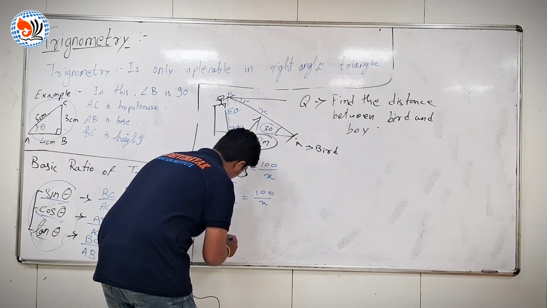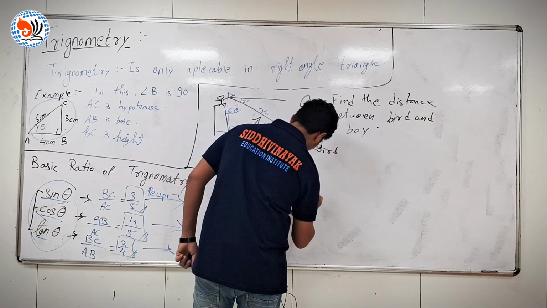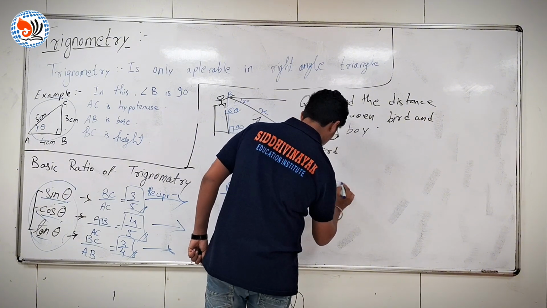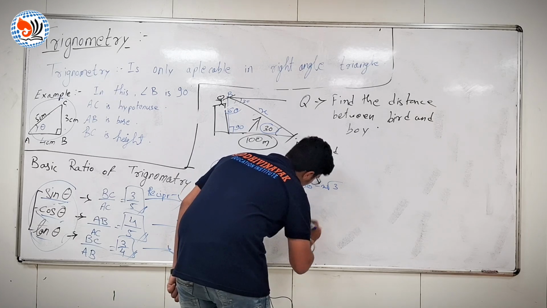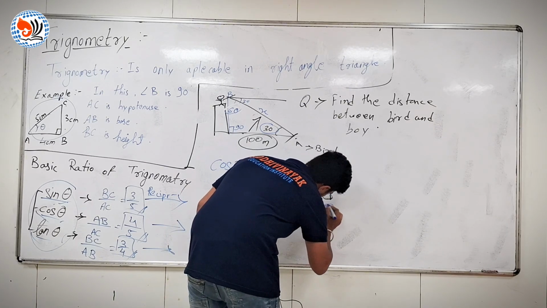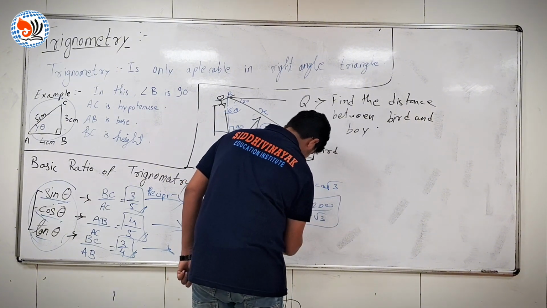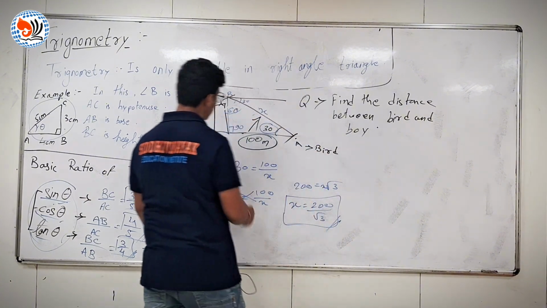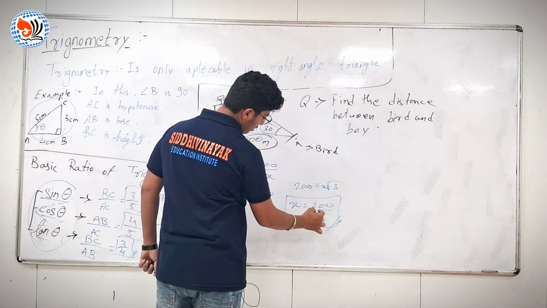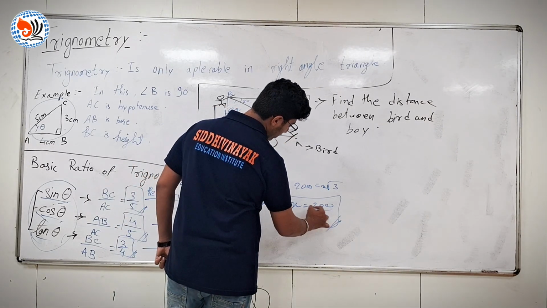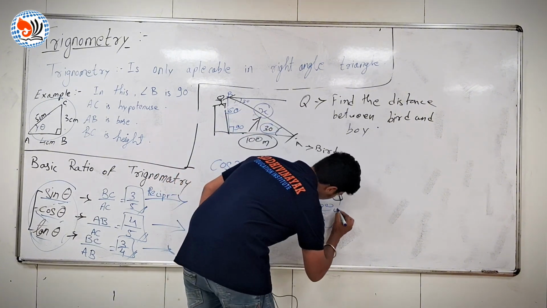By cross multiplication, 200 is equal to root 3 times x. So x is equal to 200 divided by root 3. This is the value of x, means the distance between boy and bird is 200 divided by root 3 meter, or units.